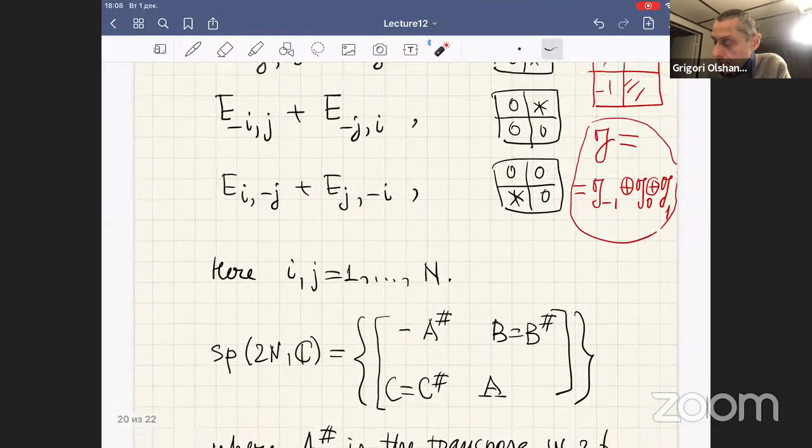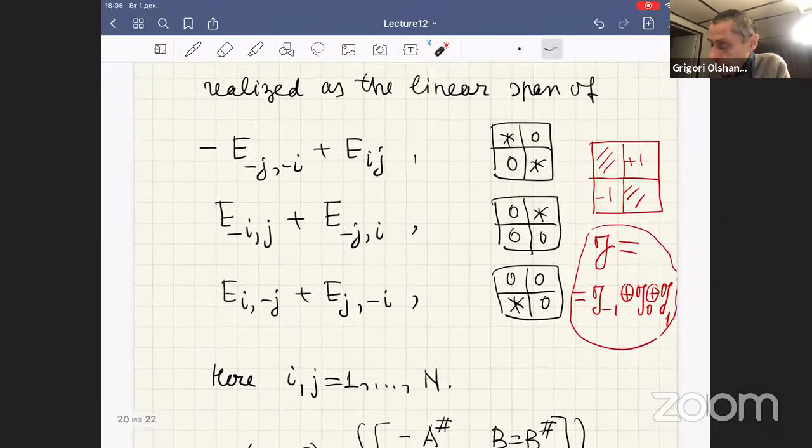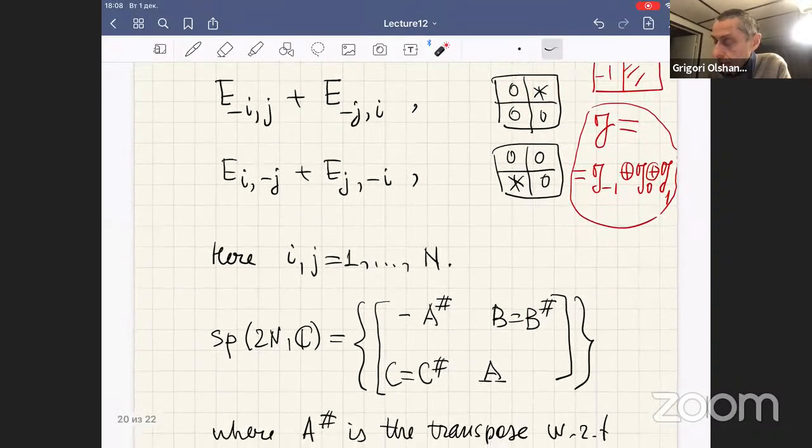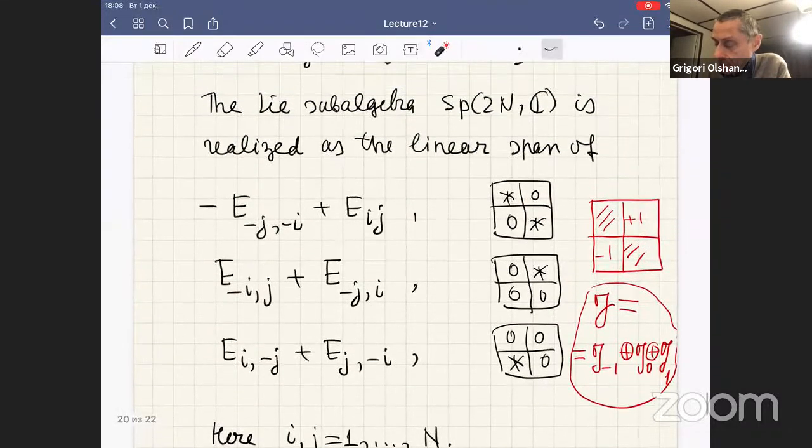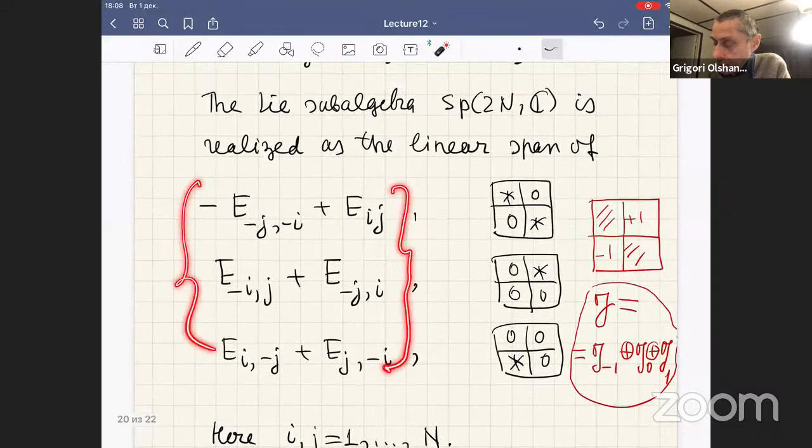And looking at this picture, we see that these elements are just symmetric. If you write them as matrices of size n by n, these elements are just represented by symmetric matrices, sorry, in this corner. So all this is the basis in the symplectic Lie algebra.